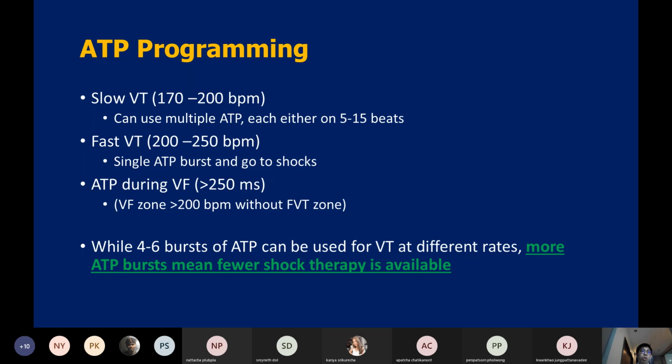This program is usually used before the shock therapy, because if you can use the ATP to terminate the arrhythmia, you don't have to deal with the complications after the shock therapy.